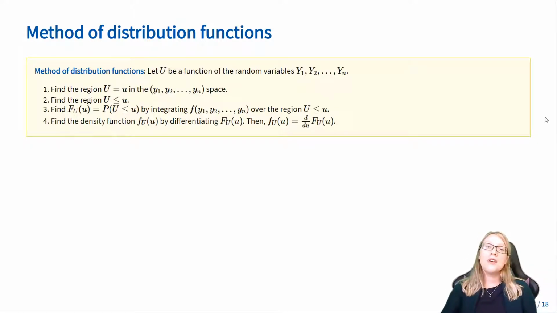We'll then find the CDF of u, big F of u, by integrating over the region in terms of the y's where u is less than or equal to little u. So we'll essentially try to find a mapping from the y space to the u space. Then once we have the CDF big F of u, we can find the density function little f by finding the derivative, and that's how we'll get our distribution.